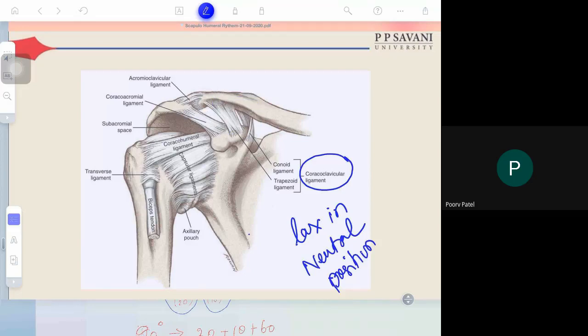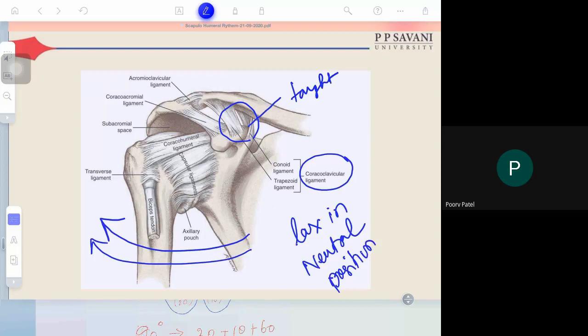Listen carefully. As the scapula rotates upward, what will happen? This ligament will become taut. So now, further, if the external rotation is occurring, what will happen? This taut ligament will start rotating the clavicle posteriorly. Do you follow?